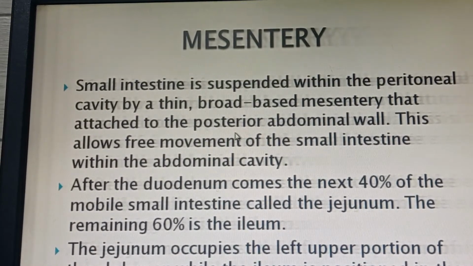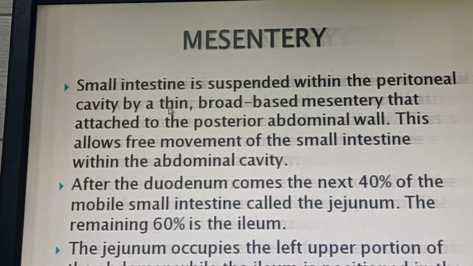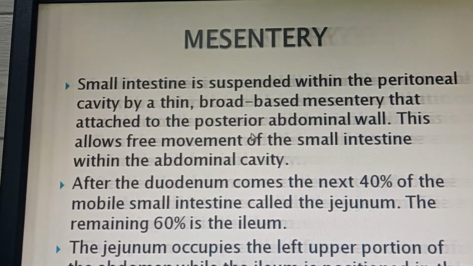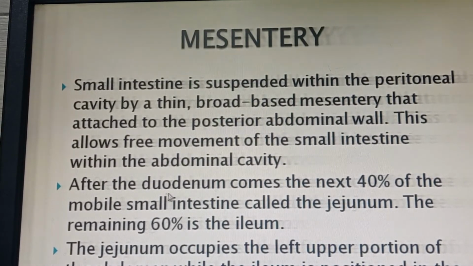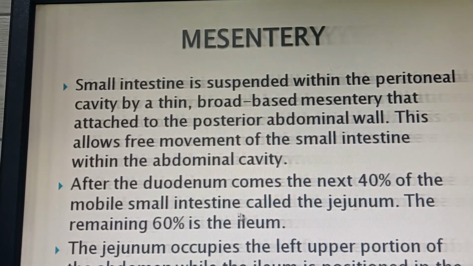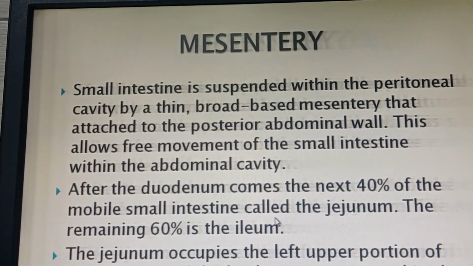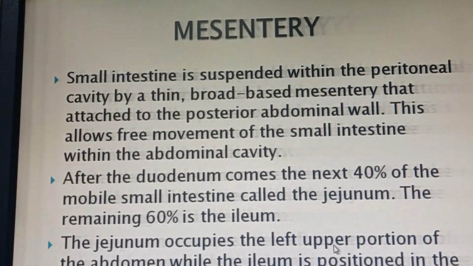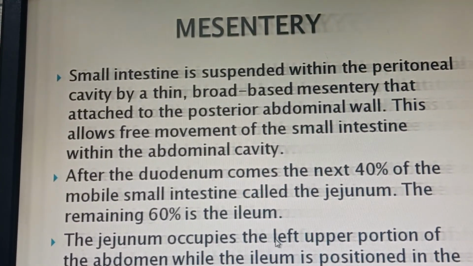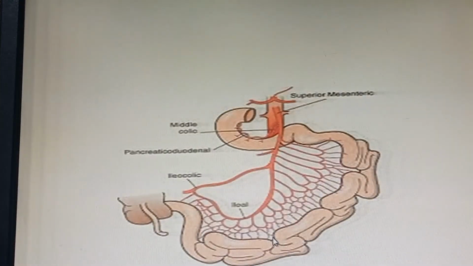It attaches small intestine to the posterior abdominal wall to allow free movement of the small intestine. After duodenum comes the next 40% of the mobile small intestine called the jejunum, and then the remaining 60% is the ileum. Jejunum occupies the left upper portion of the abdomen.